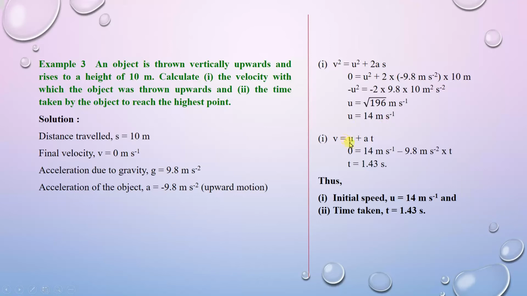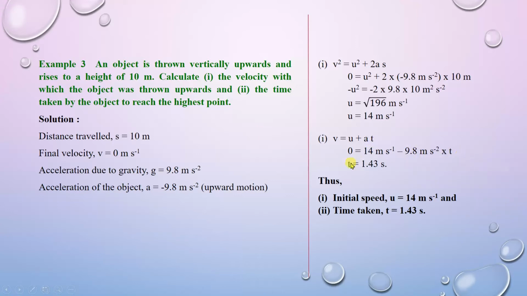Okay? Then the second part is the time taken. Let us find the time now. So we are using this velocity time relation, first equation, v equal to u plus at. So here v is finally 0, u we have calculated, and a is minus 9.8, which is our g, and we have to calculate the t.